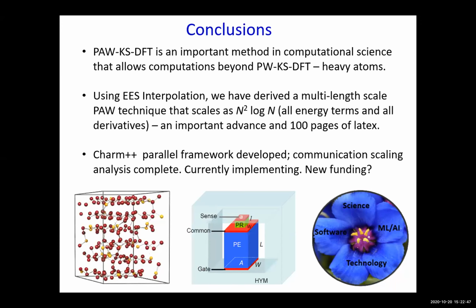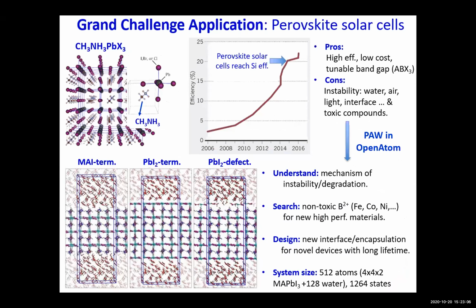Oh, we have a question from Mills. Goal is to study solar cell materials without having to build them. So these solar cells exist. So let me see if I can go back. These perovskite solar cells really do exist.